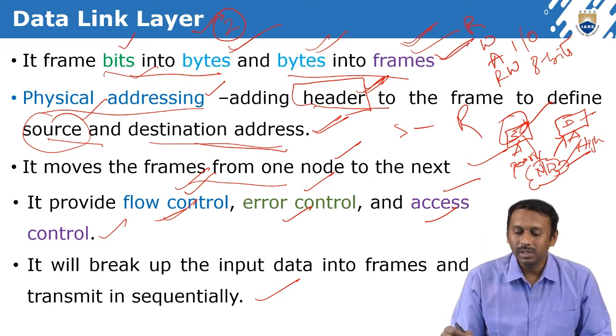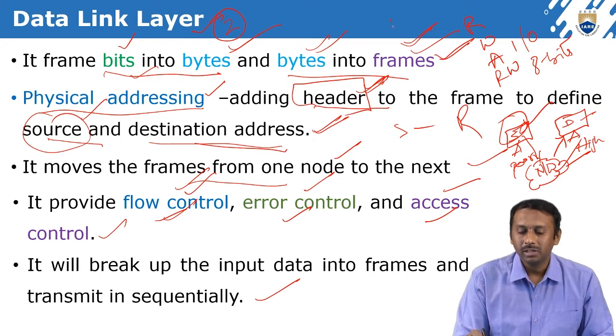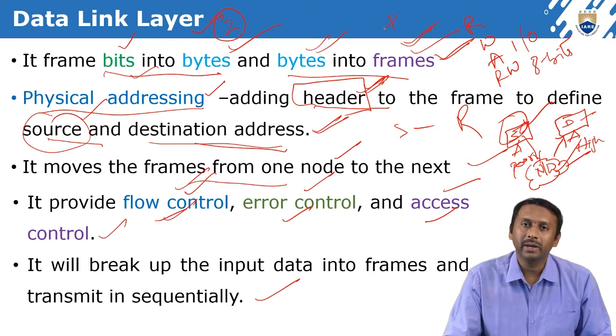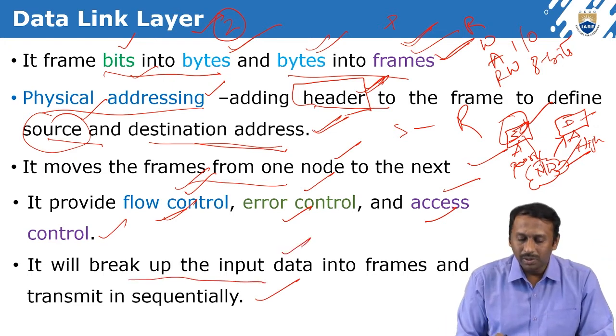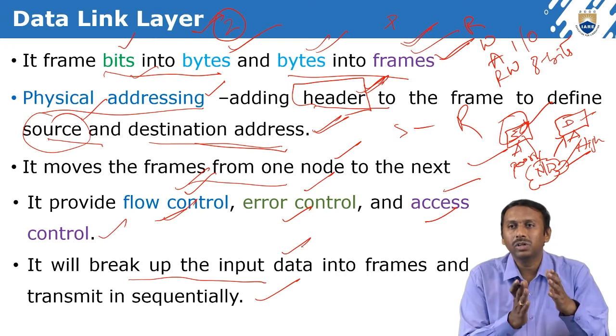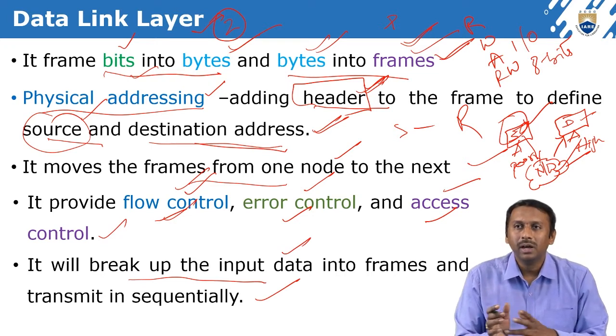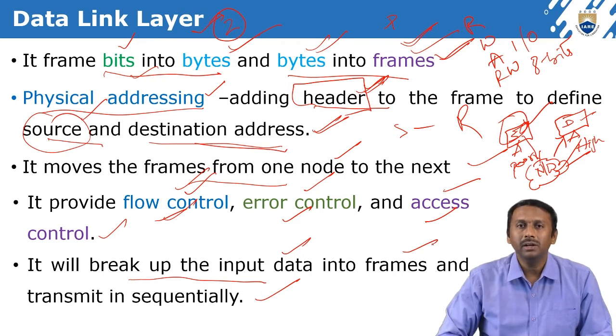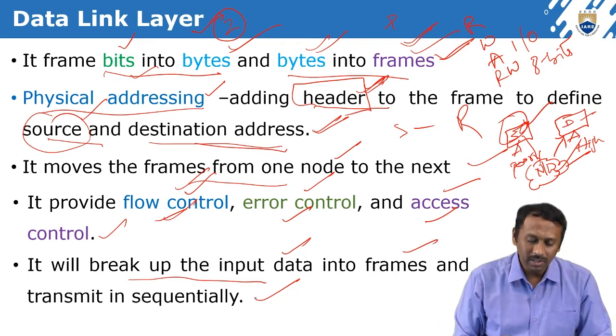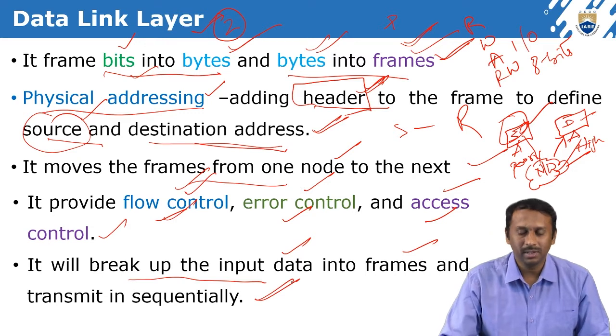In the next layer, data is represented in packets. When it reaches the data link layer, it breaks up the input data. That means packets are divided here and made into frames, and those frames are transmitted sequentially, right?